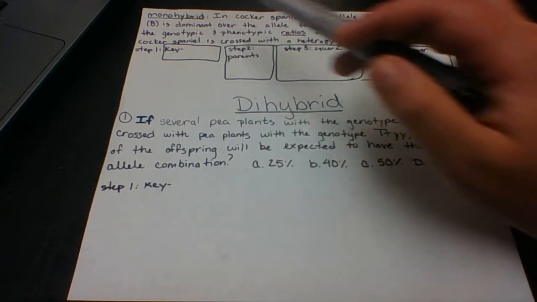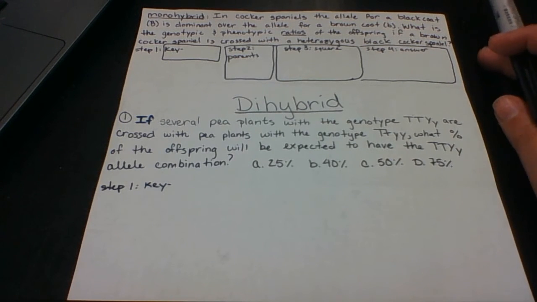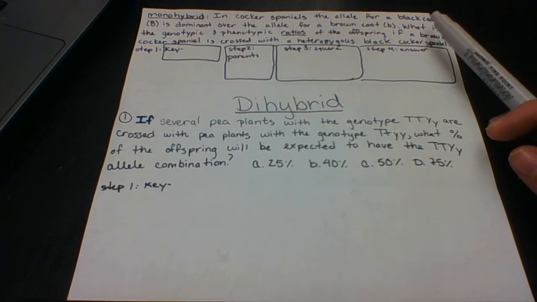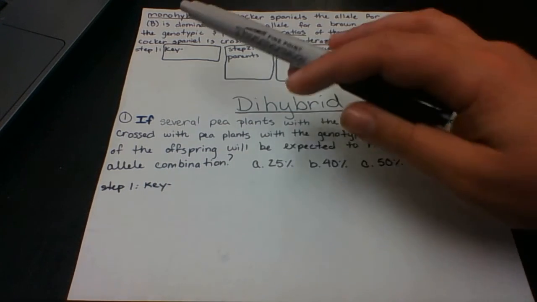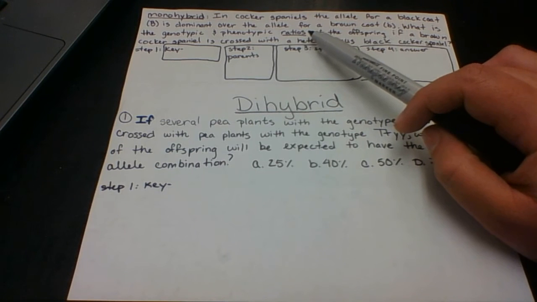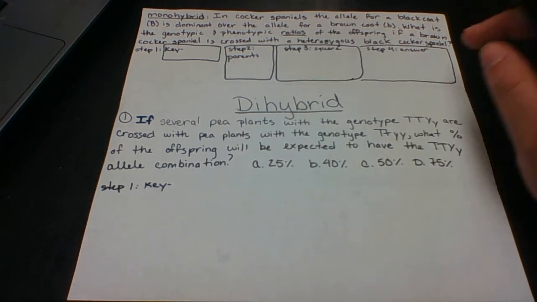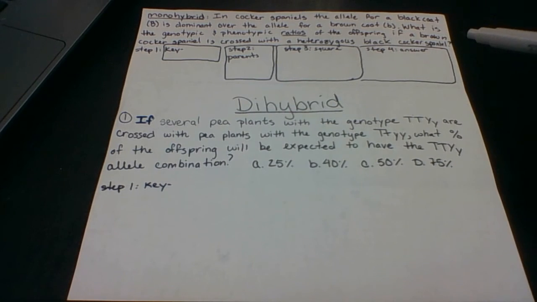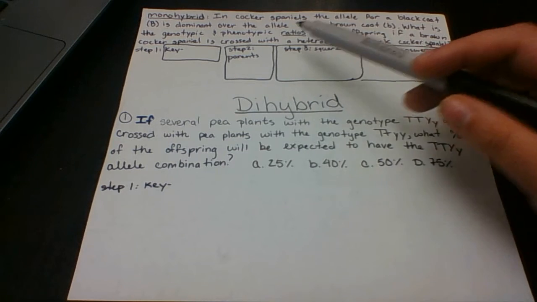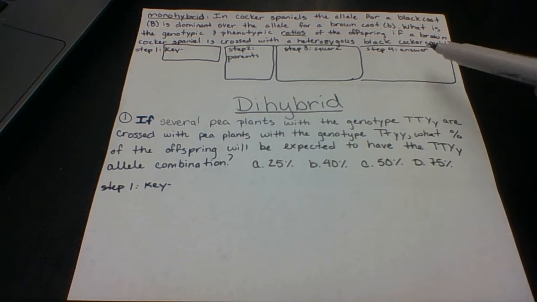If they don't put the B's or the letters, you just make up your own, okay? So, the question asks, what is the genotypic and phenotypic ratios? So they don't want the percentage, they want the ratio of the offspring. If a brown Cocker Spaniel, mom or dad, is crossed with a heterozygous black Cocker Spaniel, parents.